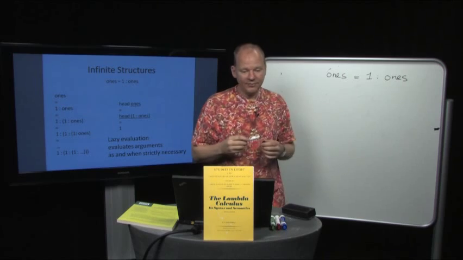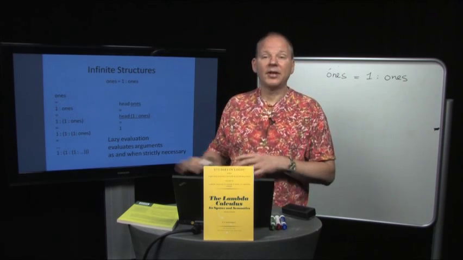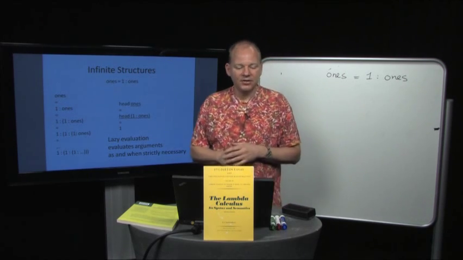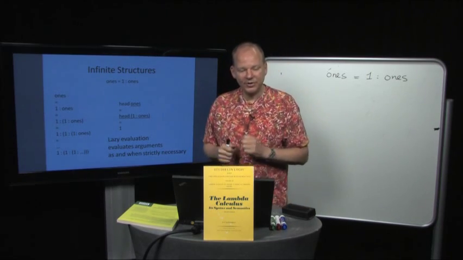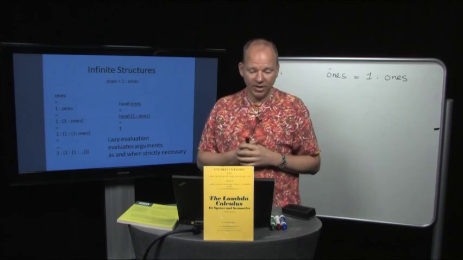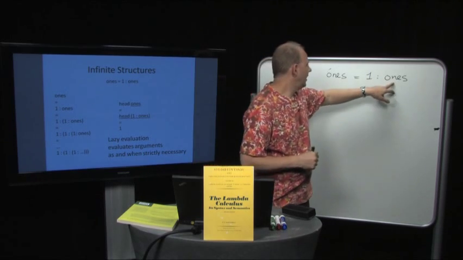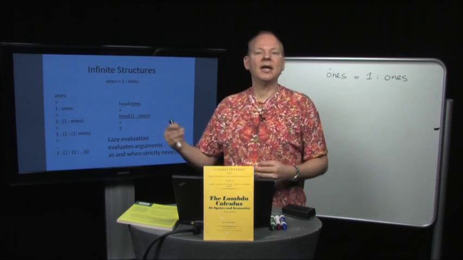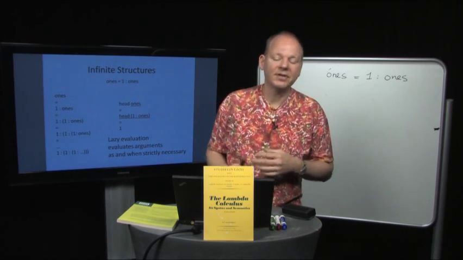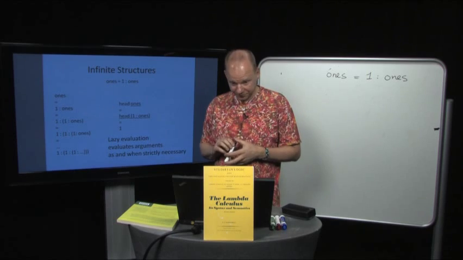If we evaluate that on the left-hand side of the slide, you see that we replace ones by its right-hand side. Then we can take the ones there and replace that again by its definition. If we just keep on doing that, we'll see that we get an infinite list of ones.